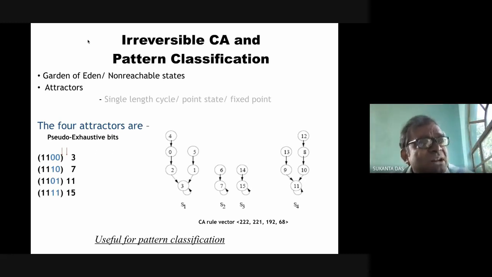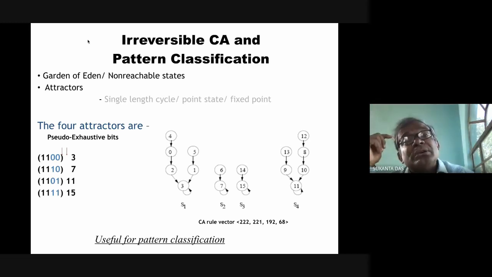Recall that in one class I have shown you a programmable CA structure, that is a cellular automata structure which can run any kind of cellular automata. So here, many kinds of cellular automata, be it a generator, be it a pattern classifier, be it compression, etc. The only property is that we are concentrating on non-uniform CAs only.